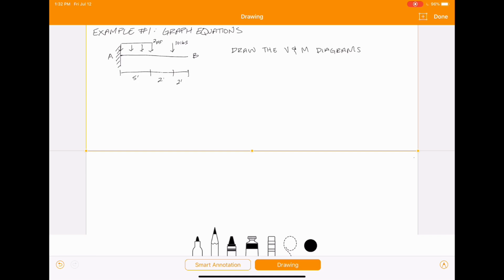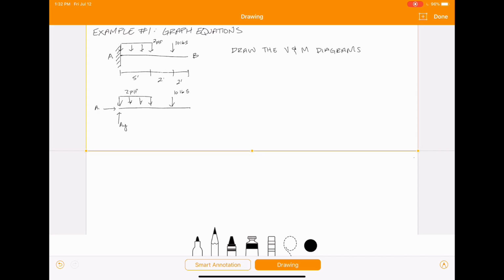Like I said, the first thing you're going to want to do is draw your free body diagram. So for this example, you just start by drawing your object, apply your forces, and apply your reactions.